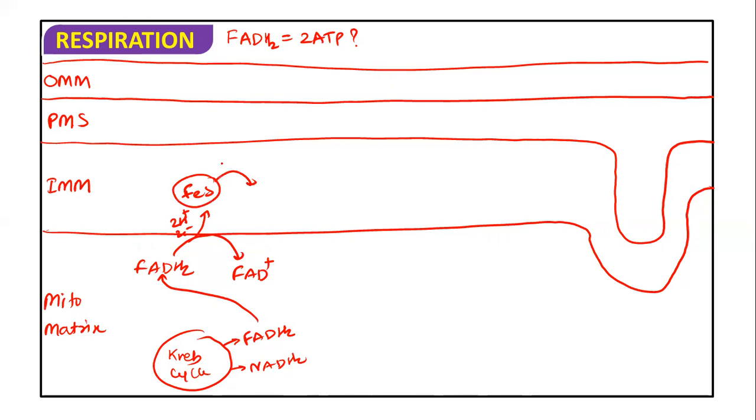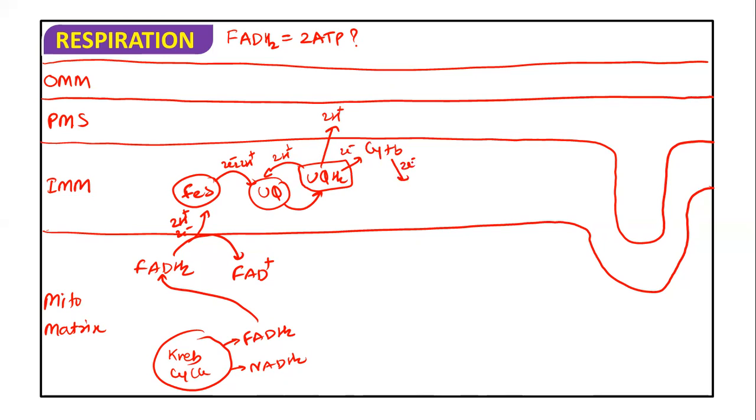After iron sulfur, it gives its 2 electrons and 2H plus to ubiquinone. So this ubiquinone gets converted into UQH2. UQH2 breaks into ubiquinone and 2H plus; the 2H plus passes to the perimitochondrial space, and the 2 electrons are given to cytochrome B.